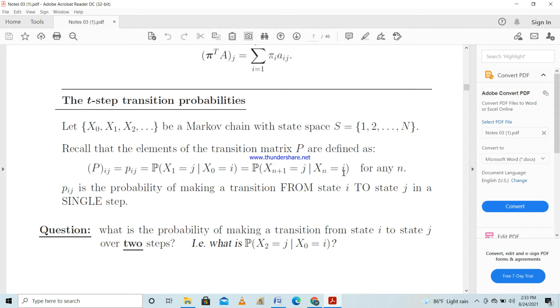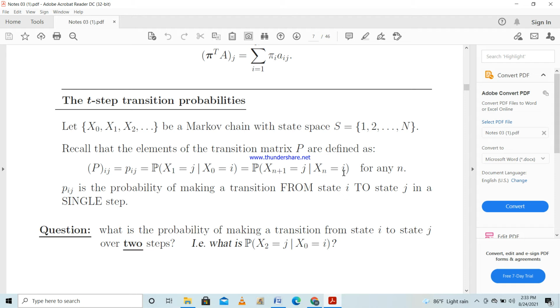So at any time, given that you are in state i, the probability that in the next time step you reach state j is equal to the probability given that at the initial stage, when time equals 0, you are in state i and you reach state j in the next time level.